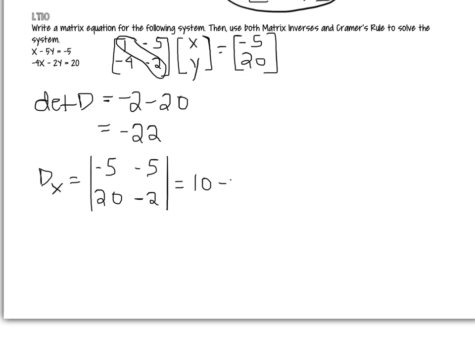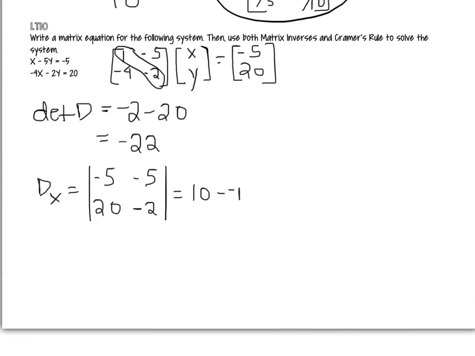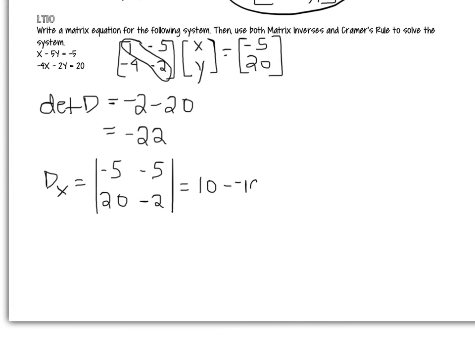So that's going to be minus a negative, and 20 times -5 is -100. So we have 10 minus -100, which is 110. So to figure out a value for x, we're going to take 110 and divide it by -22. And 110 divided by -22 is -5.